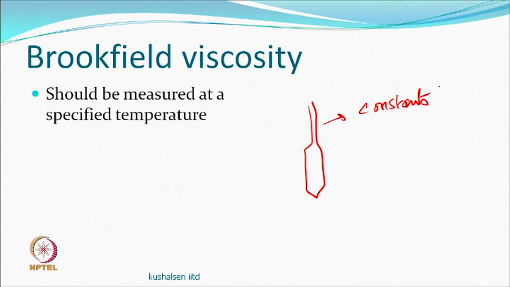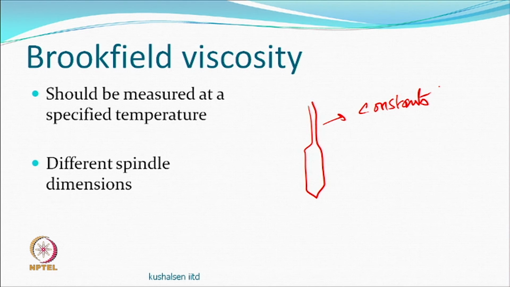So, it should be measured at a specific temperature, which of course means it becomes something which everybody will accept. Different spindles will have different dimensions and therefore different constants, that you should know, you can specify that also. Normally, people believe that if you are saying Brookfield viscosity, the instrument has certain standard size spindles.